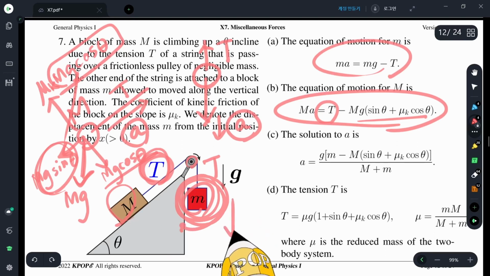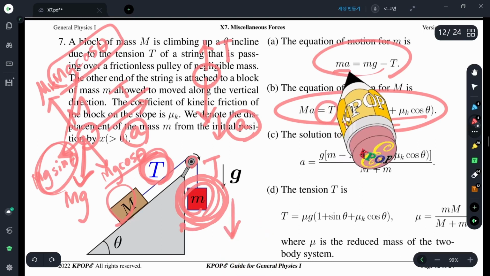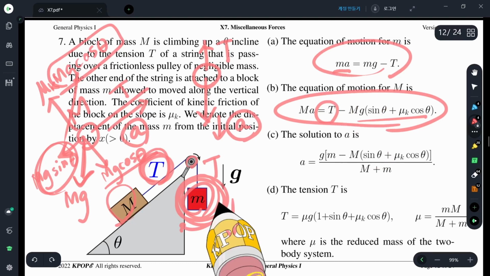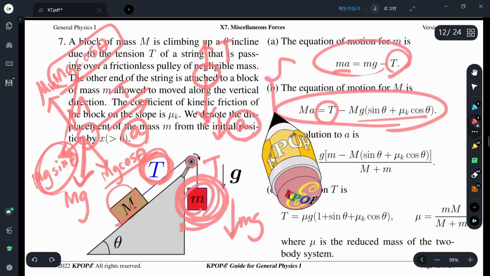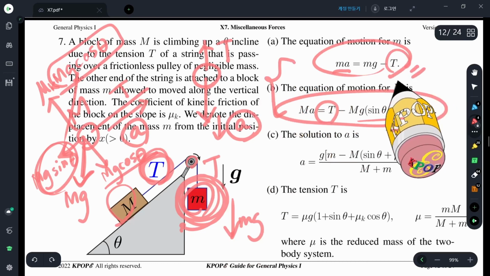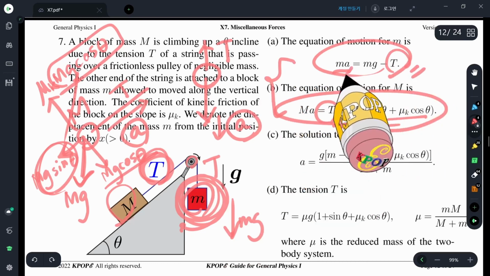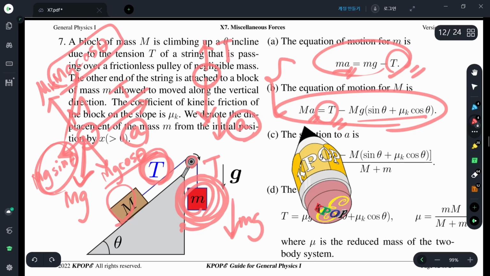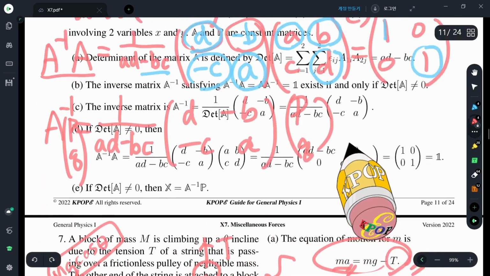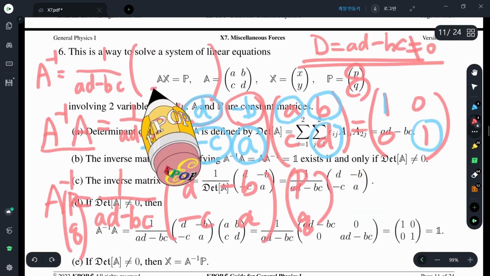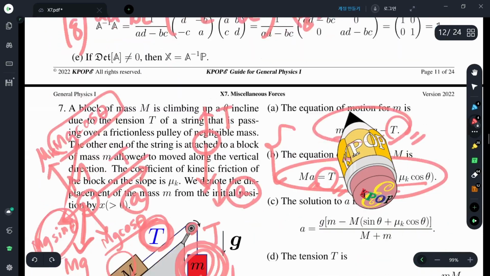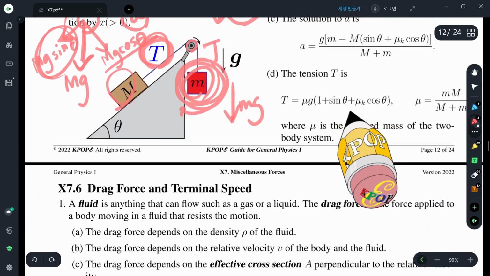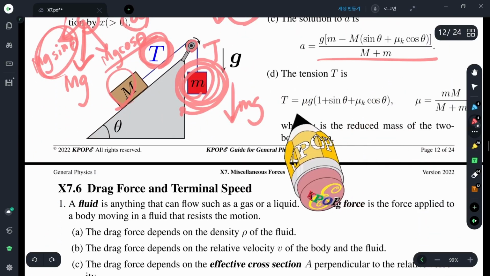It is moving down with the acceleration a, so ma equals mg minus T. We have two linear equations with two variables, T and a. This is the right time to make use of solving the linear equations, and the answer will be obtained like that.